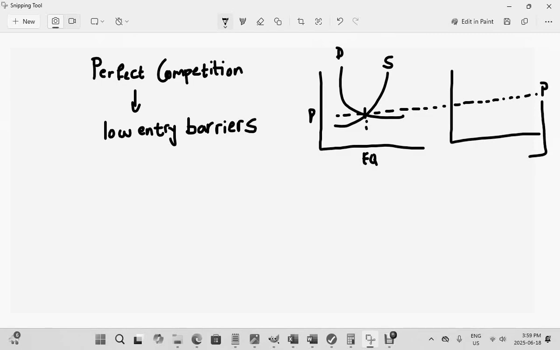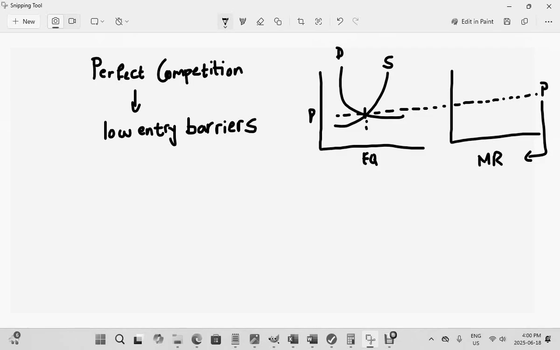This price will also be your marginal revenue. What is marginal revenue, you may ask? It has to do with the difference in total revenue over a certain quantity. Marginal revenue is the difference in total revenue for each additional unit produced.